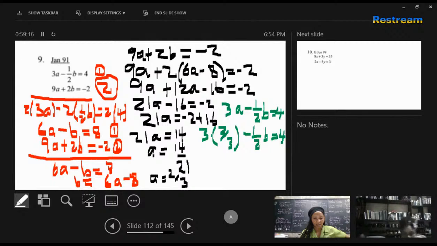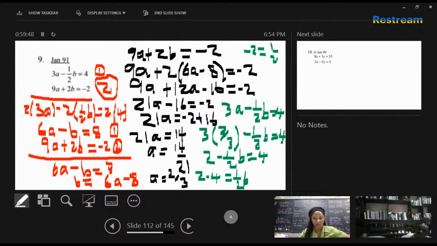So we're left with 2. So 2 minus half b equals 4. And that would be 2 minus 4 equals half b, so negative 2 equals half b, and b would equal negative 4.